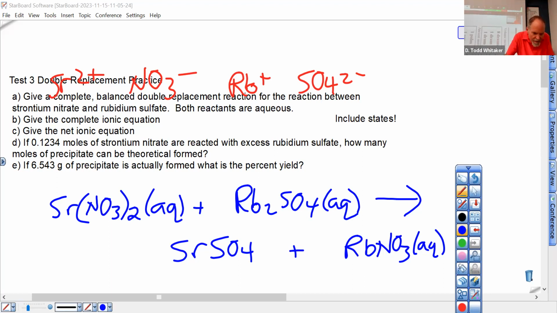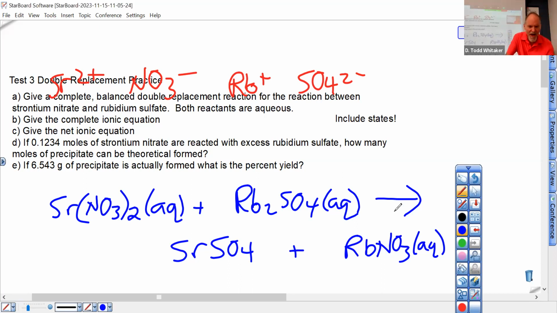Rotate clockwise. Oh, it's upside down. Let's read upside down. SO4 2- is always soluble except when it's with strontium. That's a precipitate. Sorry about the upside downness of the situation.